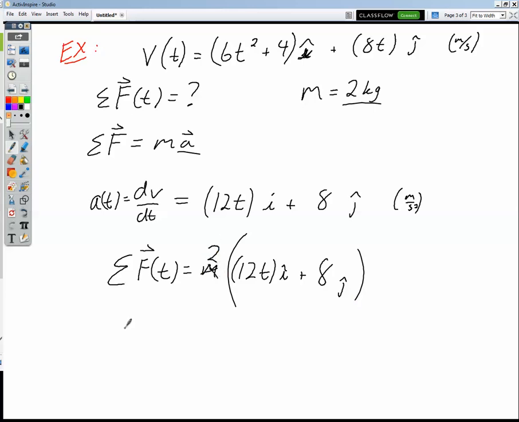So then my force equation becomes the net force at any time t is equal to 24t in the i direction plus 16, not t, just 16 in the j direction. And the unit here is newtons.